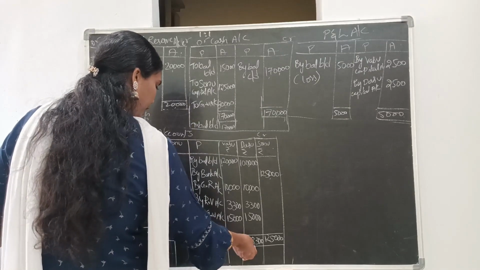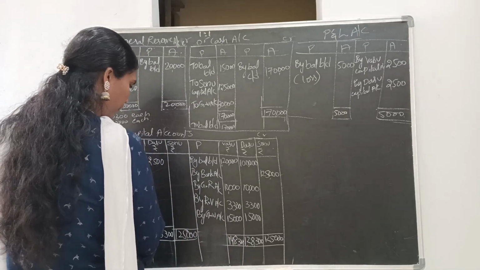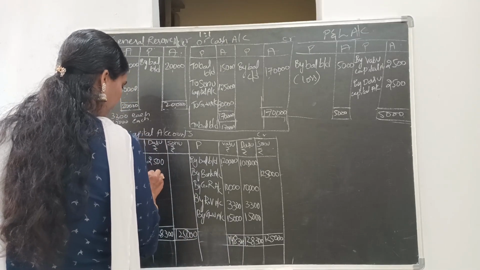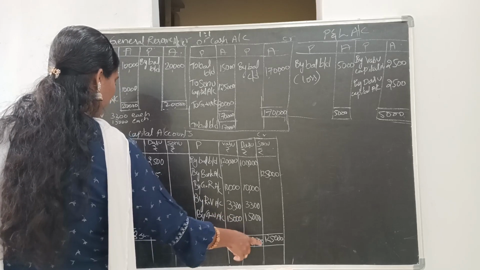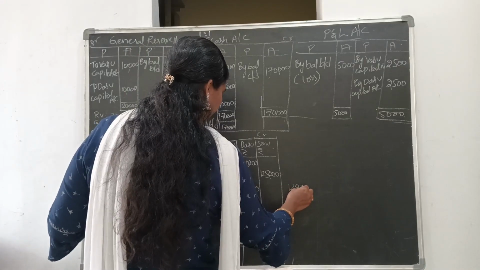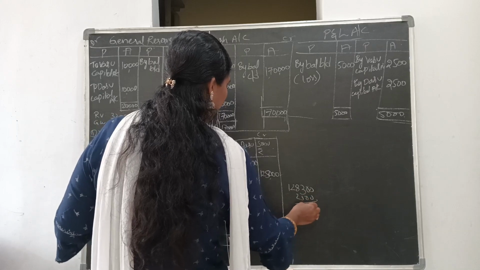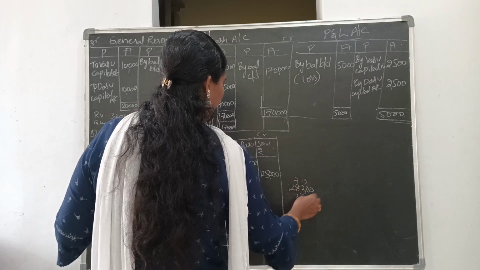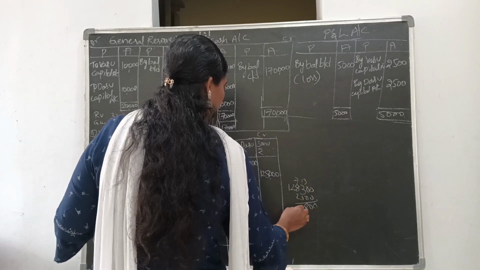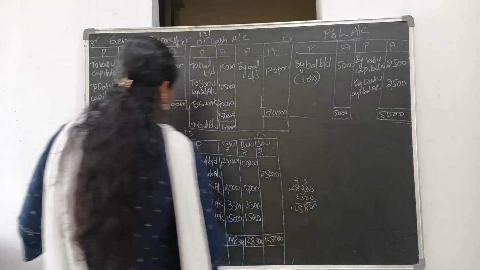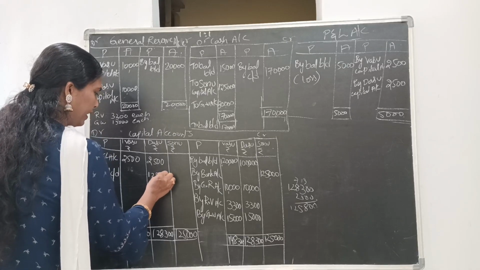First 1,28,300 minus 2,500. So 1,25,000. We'll calculate here: 1,28,300 minus 2,500 is 1,25,800.